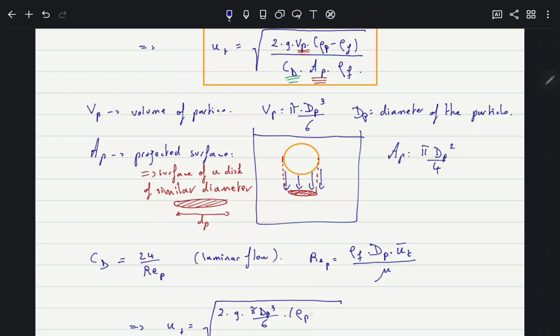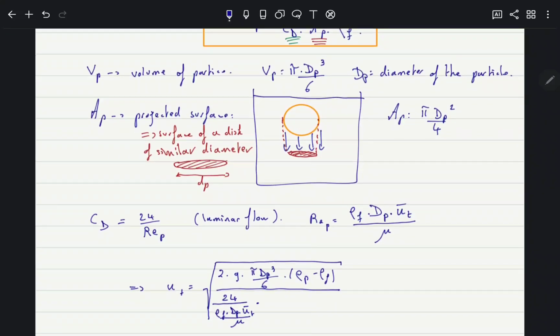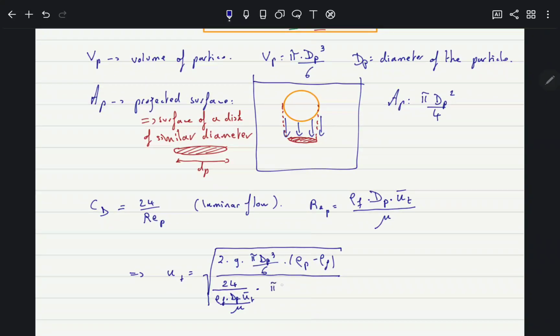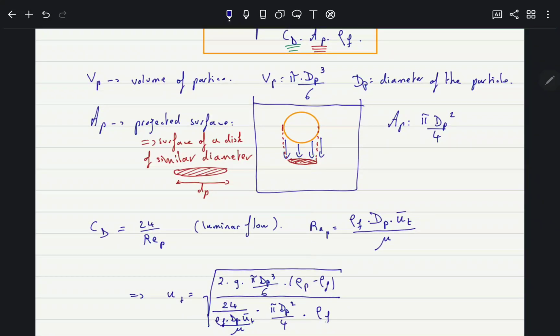Then times rho p minus rho f divided by our Cd, which is 24 divided by rho f dp ut divided by mu, multiplied by Ap, where our Ap is pi dp square divided by 4, and times our fluid density.